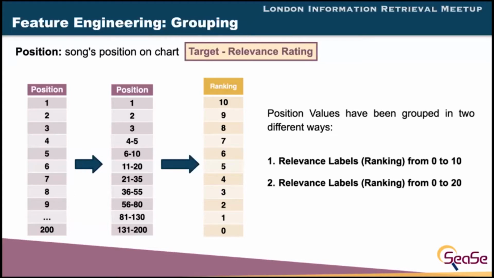We tried to keep a finer grain on the grouping of the most relevant values. In fact, as you can see, the song in position 1 has relevance 10, the song in position 2 has relevance 9, and so on until the songs in positions 131 to 200, which all have the same relevance, 0, because they are not as important as the top positions.